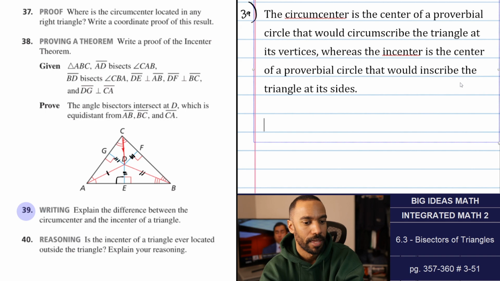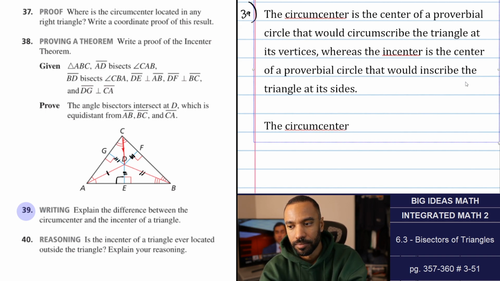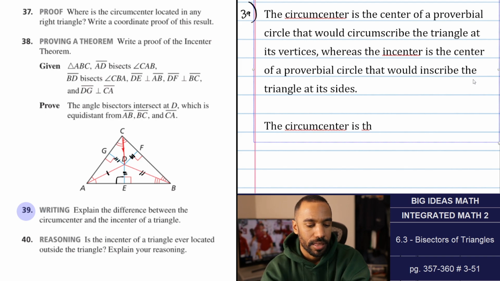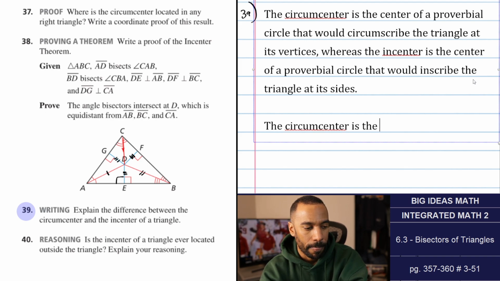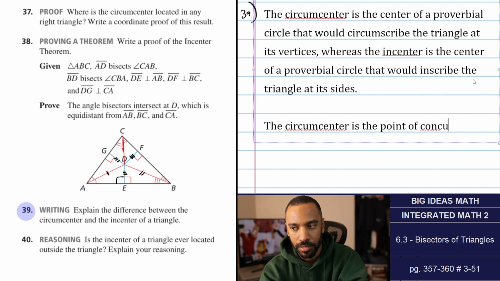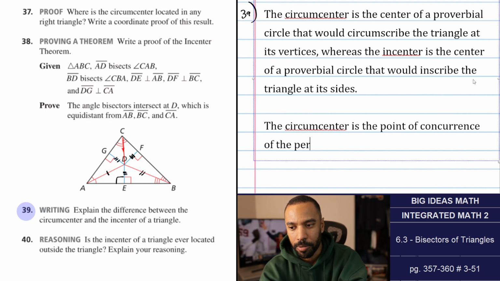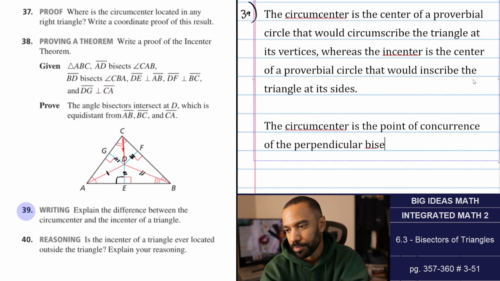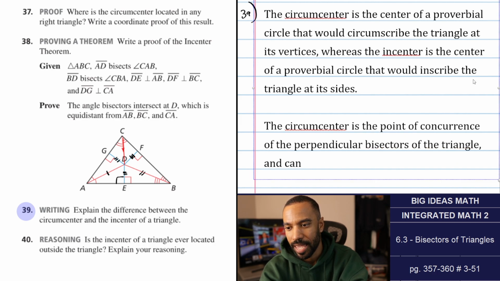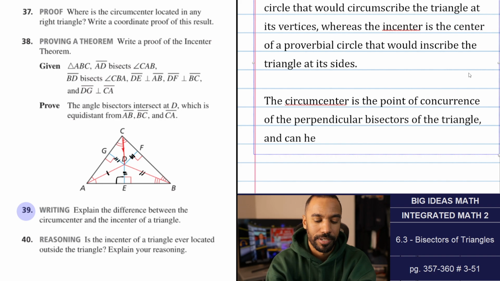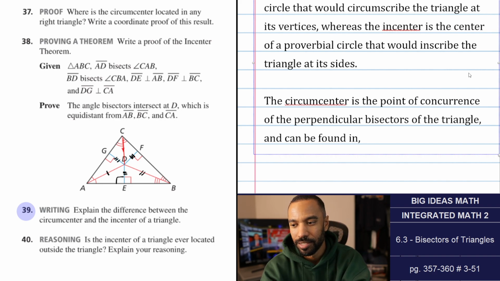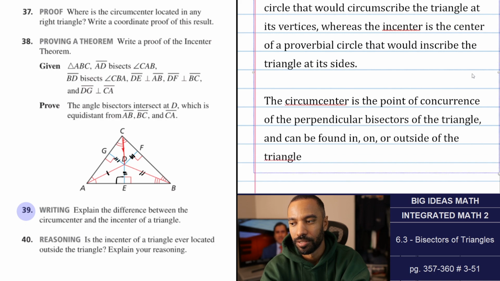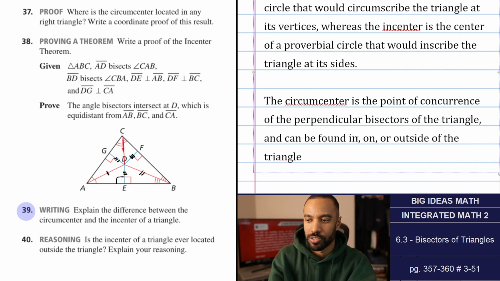How do you obtain it? The circumcenter is the point of concurrence of the perpendicular bisectors of the triangle, and can be found inside, on, or outside of the triangle.